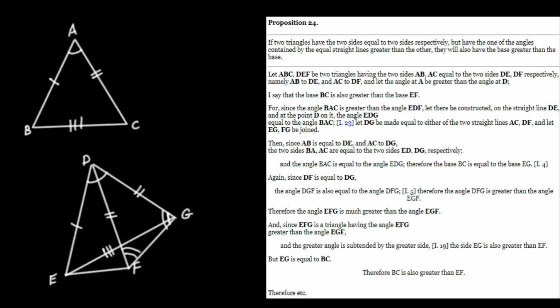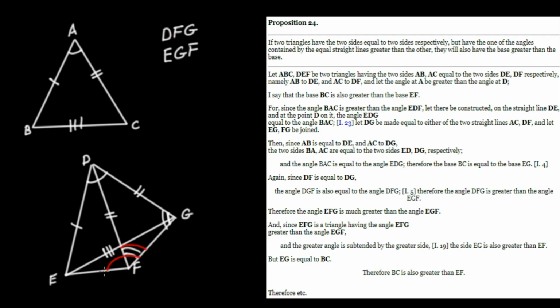And from that it follows that DFG is greater than EGF. He says, therefore, the angle DFG is greater than the angle EGF. Now, if we have a look at DFG, which is again over here, DFG is a part of EFG.